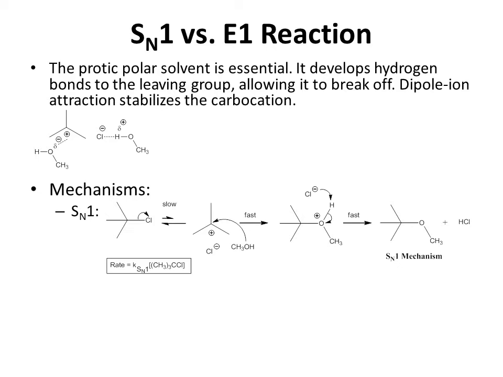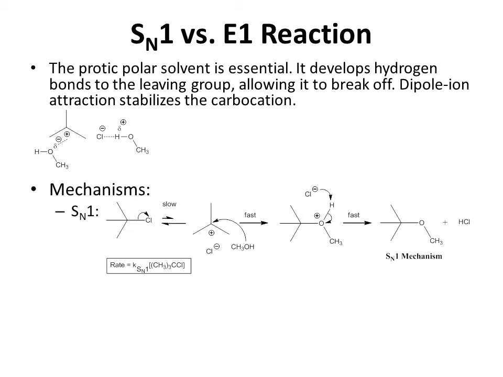You can see the rate of the reaction is first order in 2-chloro-2-methylpropane. The rate determining step is the loss of the chloride in our slow step to form our carbocation. That's the step in which the delta S dagger, the entropy of activation, becomes positive because we're forming more particles than what we started with.